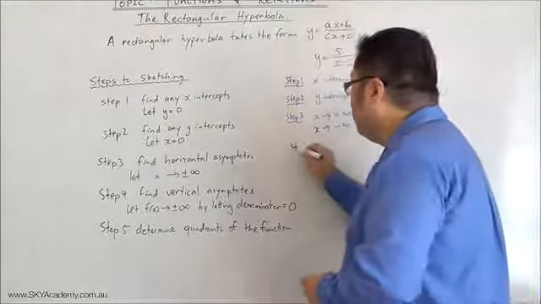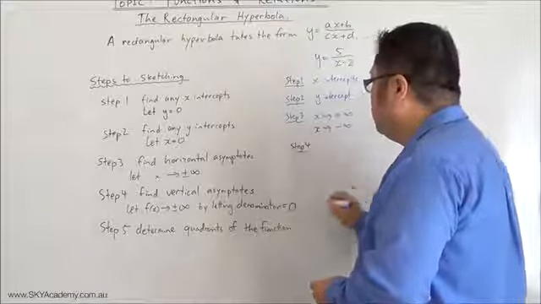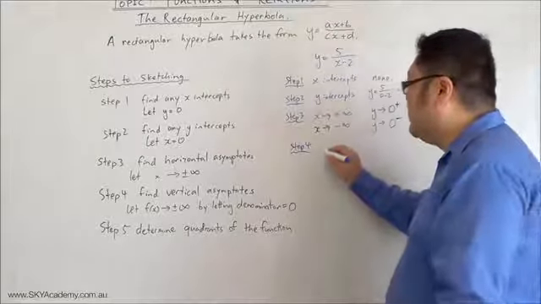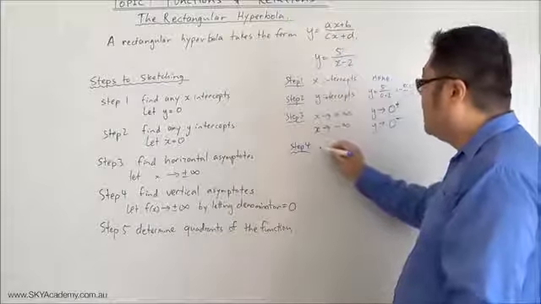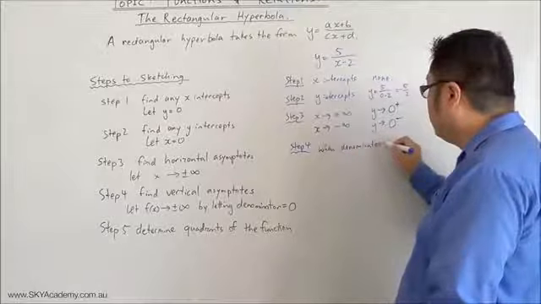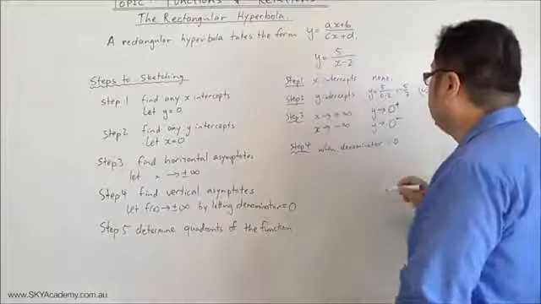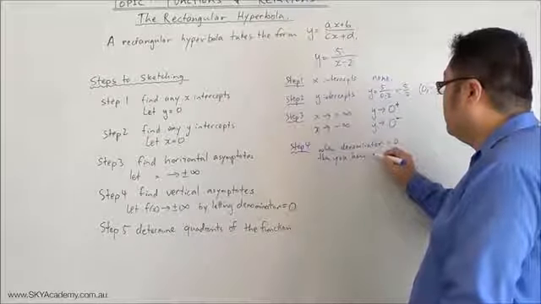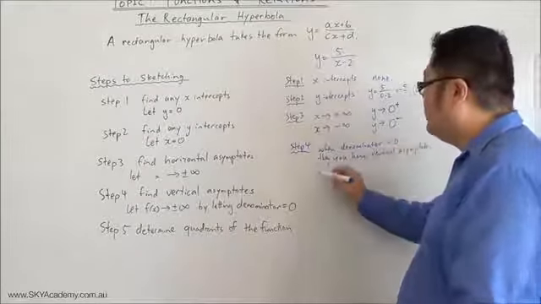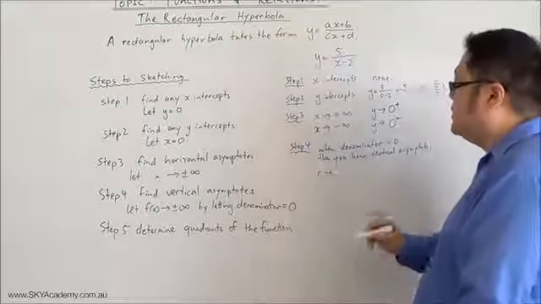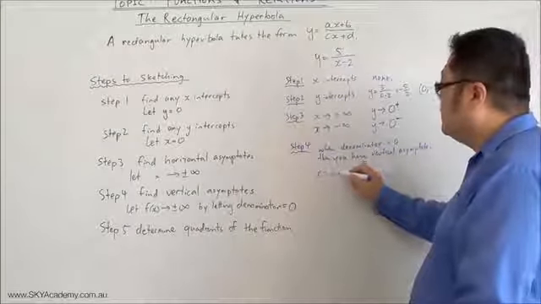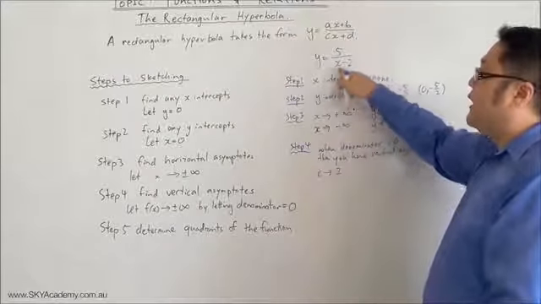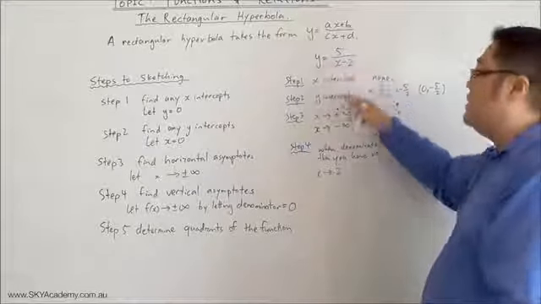Then step 4, you find the vertical asymptote, which is when the bottom equals 0. That's when x approaches 2, because that's when the bottom is going to approach 0.